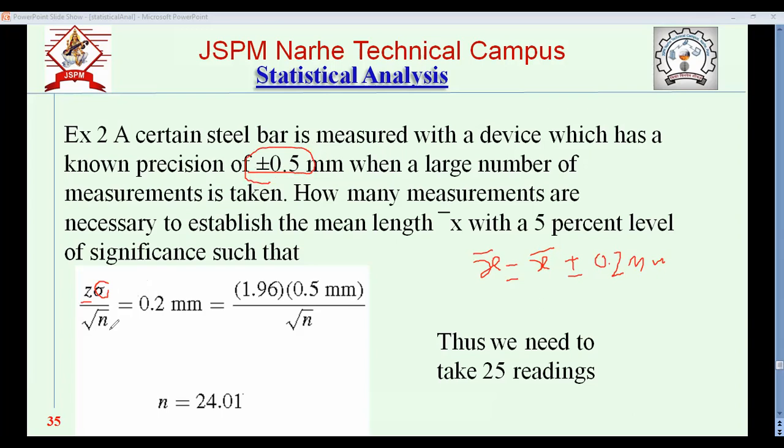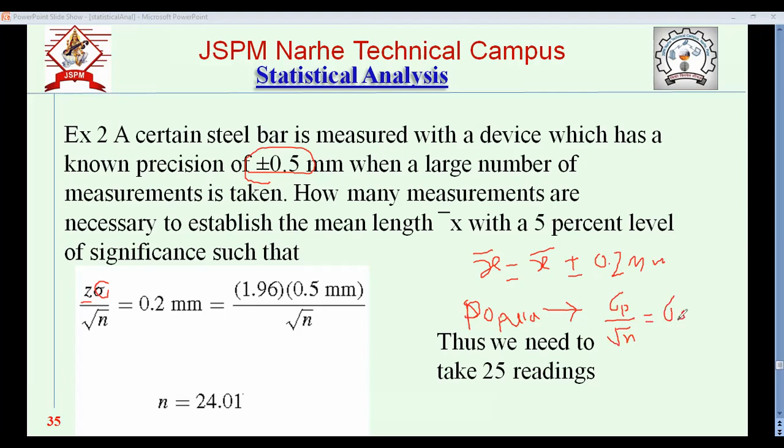Please understand here, when we go from population to sample, we divide sigma population by square root of n, where n is the number of readings, which equals sigma for the sample, in short.